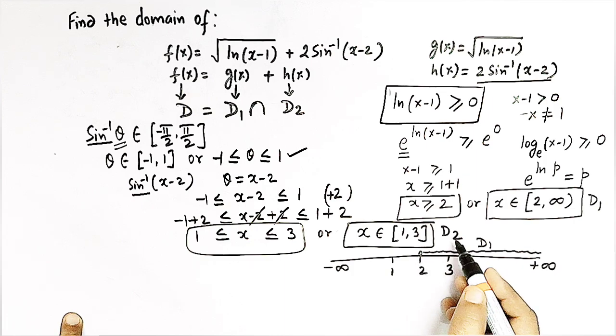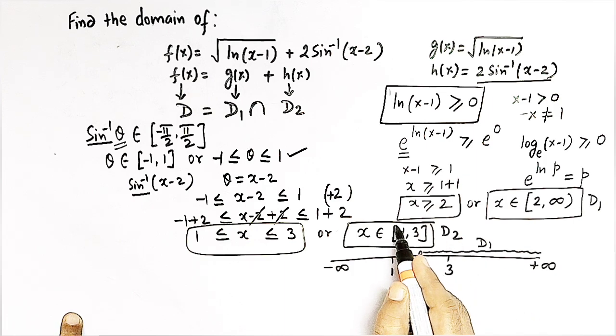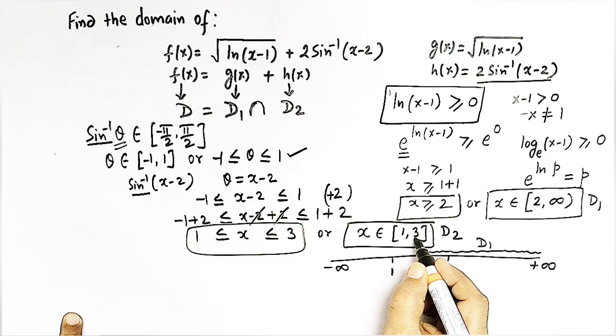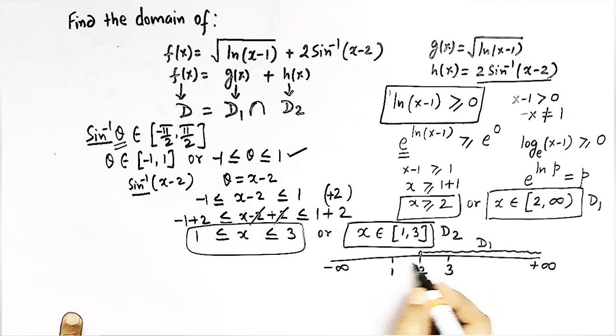And d2 is given by this interval 1 to 3, right? And here 1 and 3 are also included, the extreme points are also included. So here we have 1, here we have 3, right? So we have this region, right?